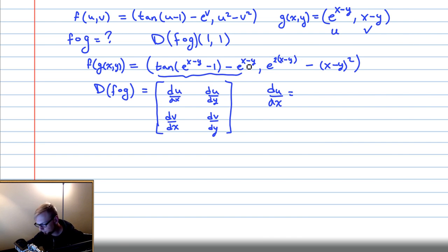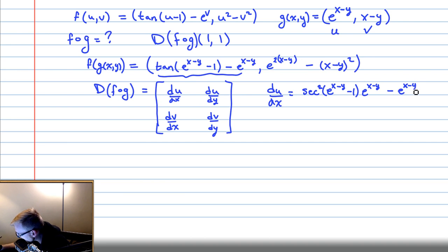Secant squared. So, secant squared of e to the x minus y minus 1 multiplied on the derivative of the inside with respect to x, which is just e to the x minus y, and then minus derivative of this with respect to x, which is just itself, minus e to the x minus y. Okay. Now, du with respect to y.